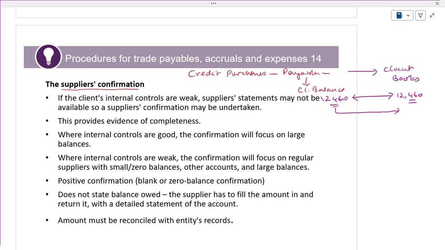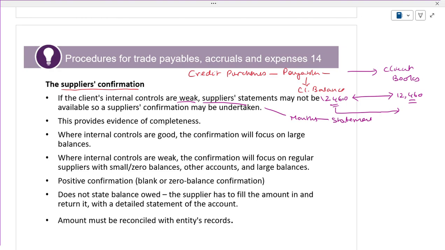This is where we are talking in terms of the client. If the client's internal controls are weak, supplier statements may not be available. You have to make sure that every month you have a statement. See, you have your bank account, and you have the savings account also.